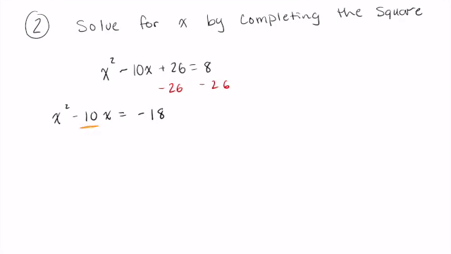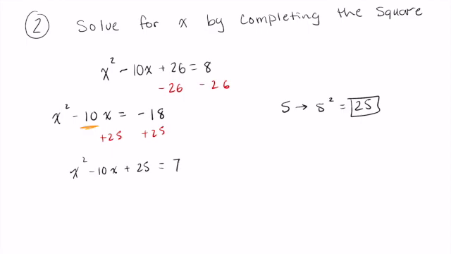Well, half of b is 5. Square it, and I get 25. So I'm going to add 25 to both sides. That gives me x squared minus 10x plus 25 equals negative 18 plus 25, which gives me 7.